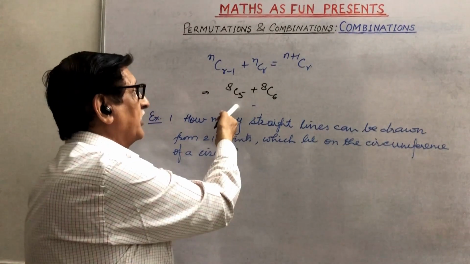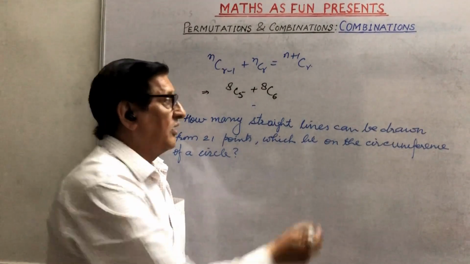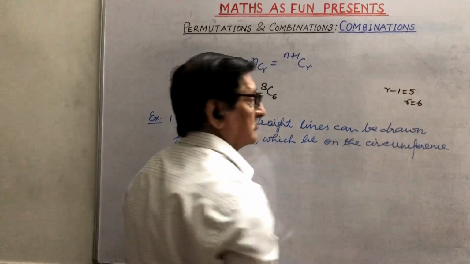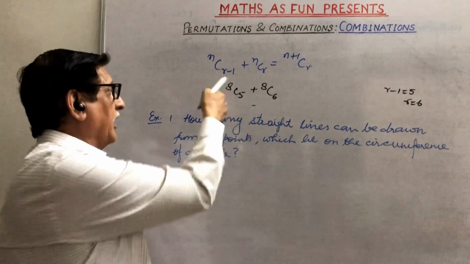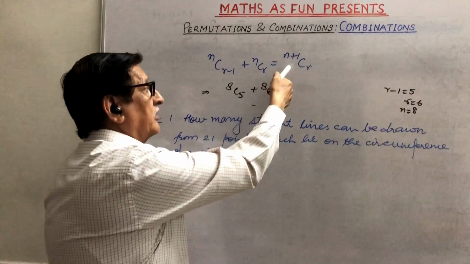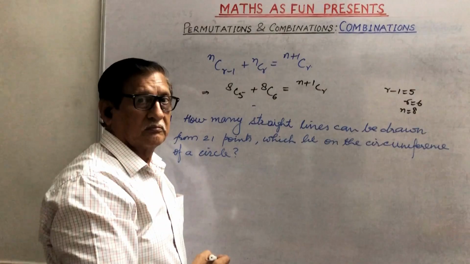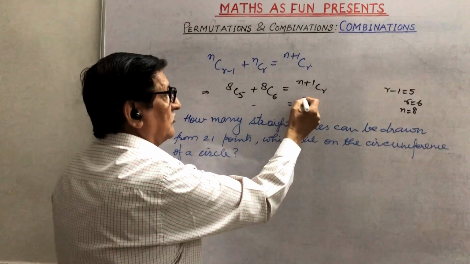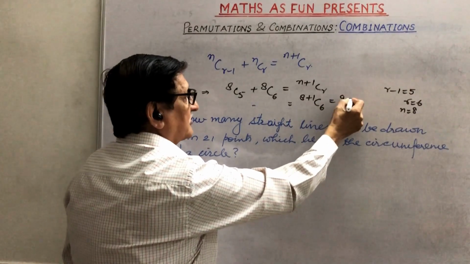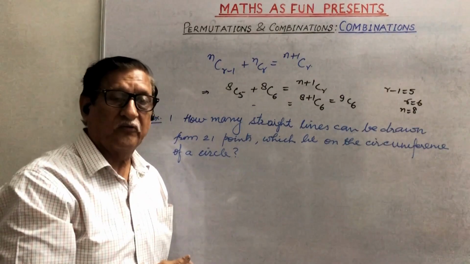You can see here very well that r minus 1 is 5 and r is equal to 6. And n is here, that is 8. If we apply the formula here, that is (n plus 1)Cr, then we find this will be (8 plus 1)C6, or we can say 9C6. Like this we can calculate the value of this type of function.